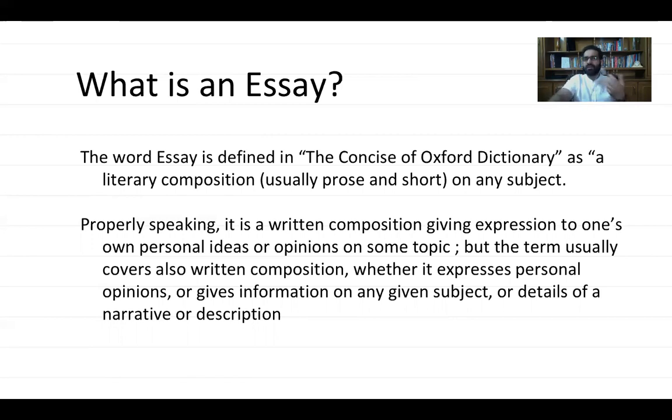Normally students ask what should be the length of an essay. So a good essay consists of at least four paragraphs, at least four paragraphs. And now if the question arises that what should be the length of a paragraph, so one paragraph should be of at least 5 sentences: a topic sentence, then you have 3 supporting sentences, and then you have a concluding sentence. So based upon that, you make it like this.